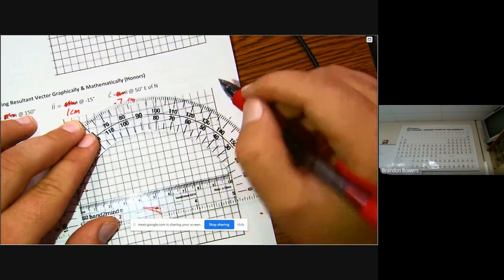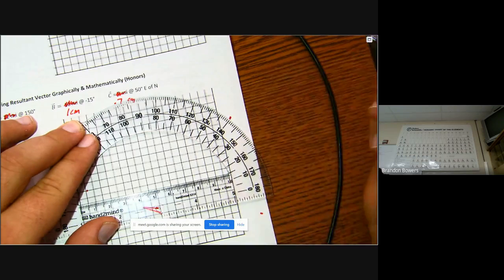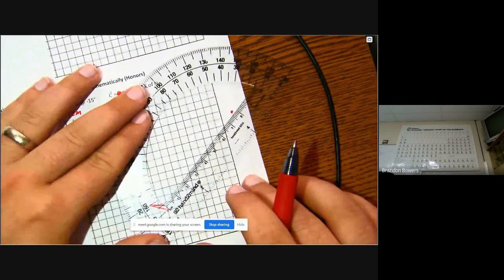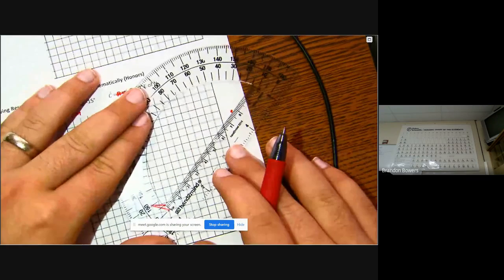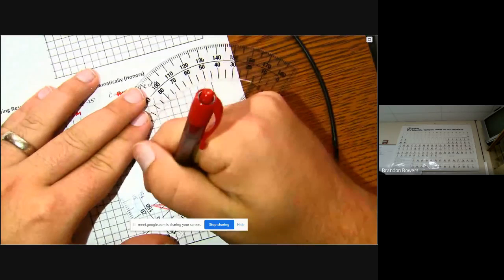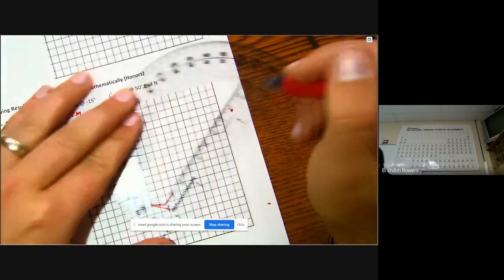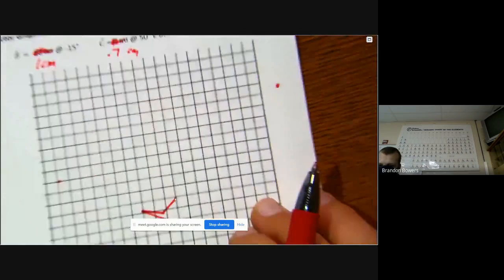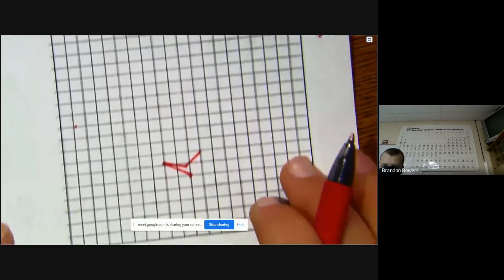Got to watch the wording a little bit. So I'm going to be going up that direction, 0.7. This is a little baby dude, huh? Beautiful. Hopefully your guy looks something like that.